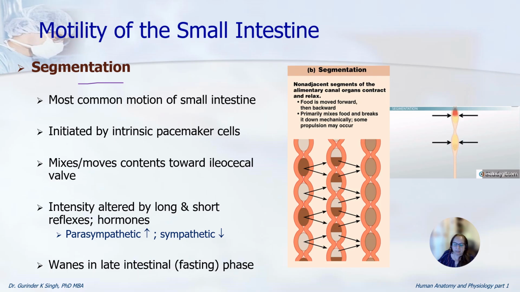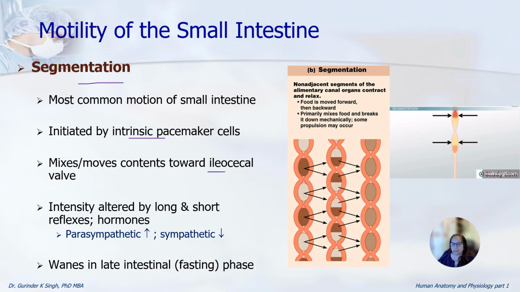The segmentation is initiated by the pacemaker cells, which are present in the myenteric and also the submucosal nerve plexus. These are your intrinsic pacemaker cells, and they will move things slowly forward. Overall they push everything towards the ileocecal valve, but the contraction occurs at non-adjacent areas.